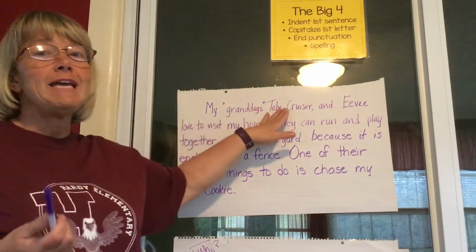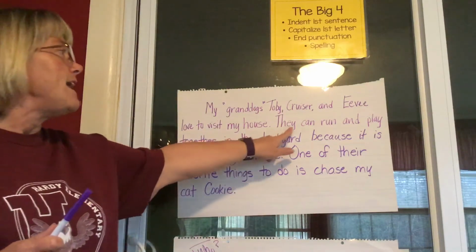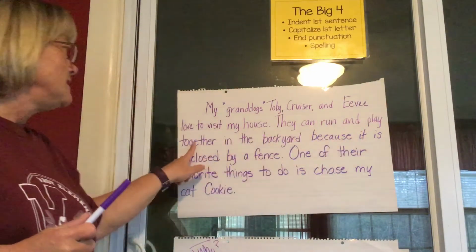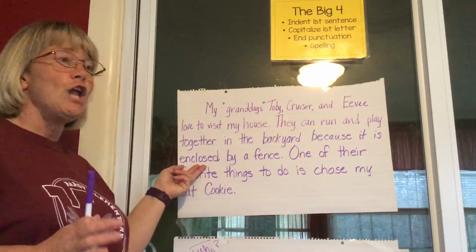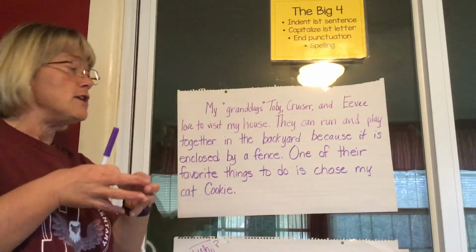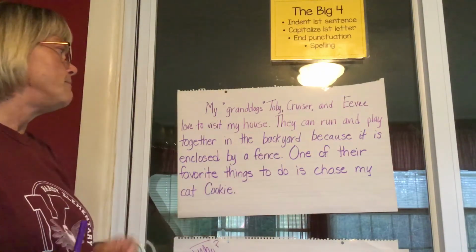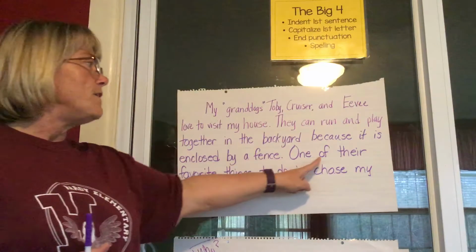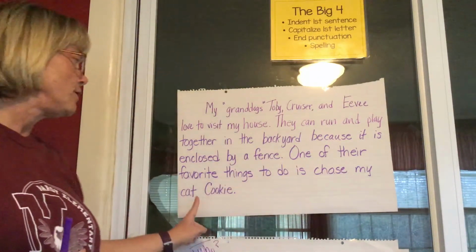So I've talked about my characters, and I've given you my setting. They can run and play together in the backyard because it is enclosed, it's circled by a fence. They're safe, they can play. One of their favorite things to do is to chase my cat Cookie.